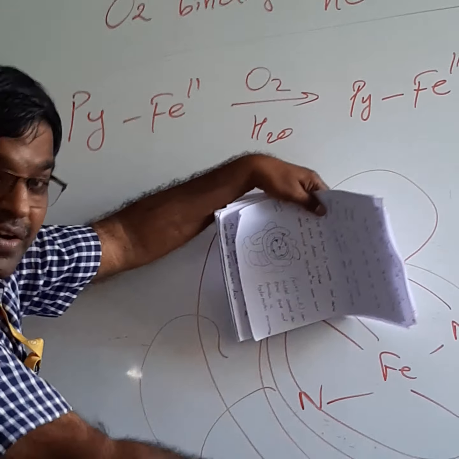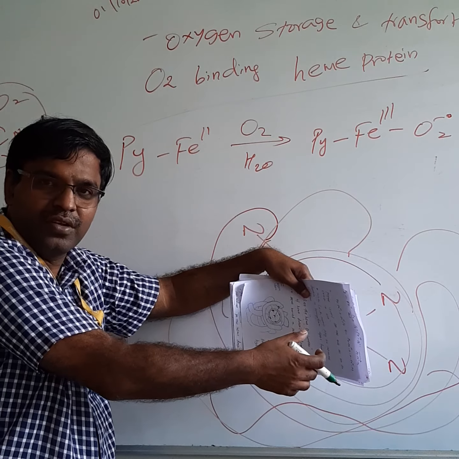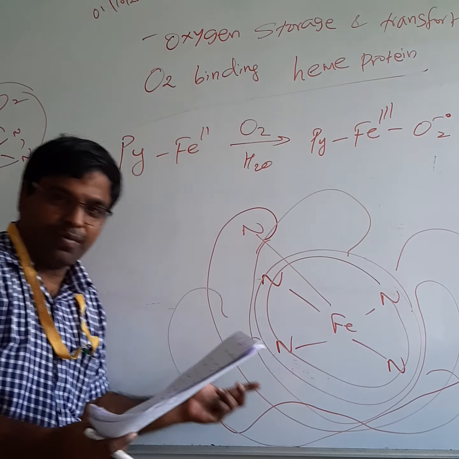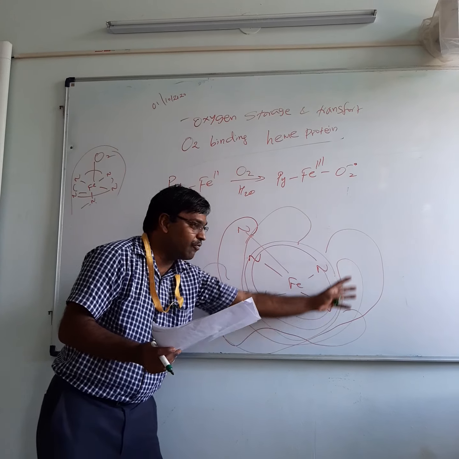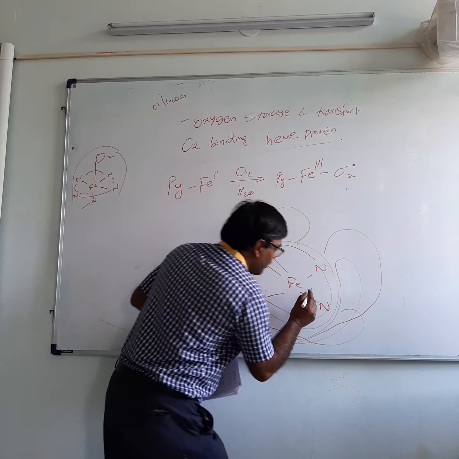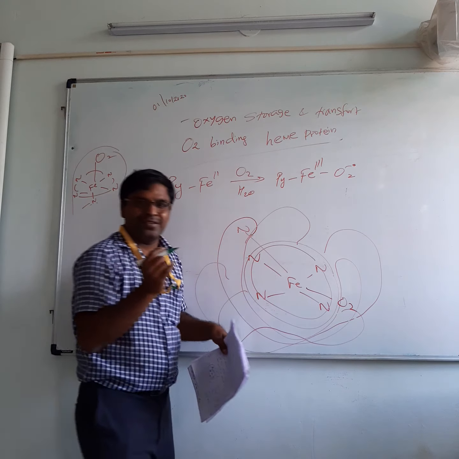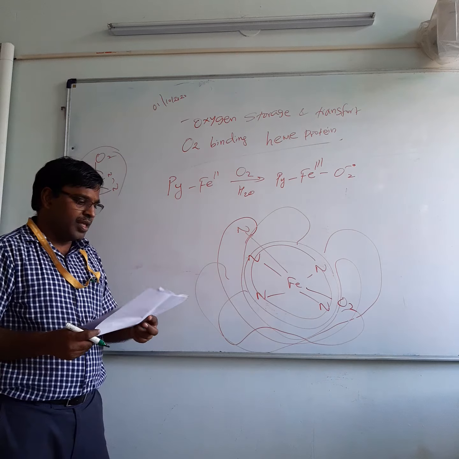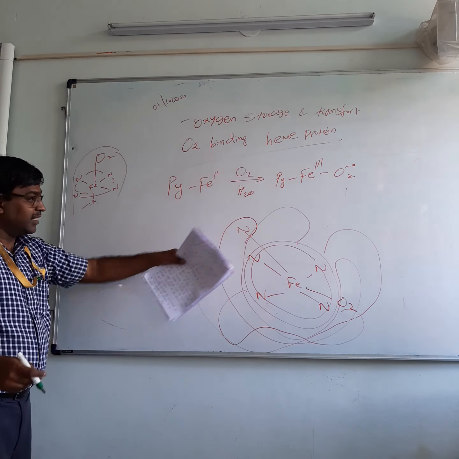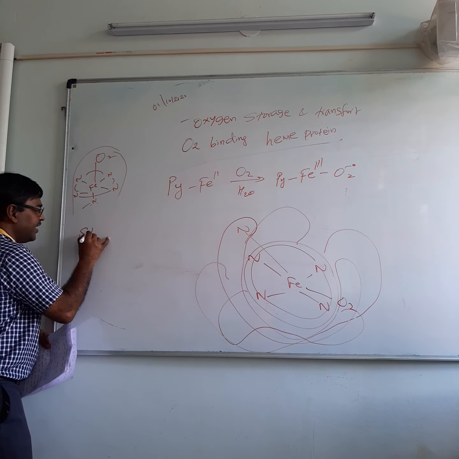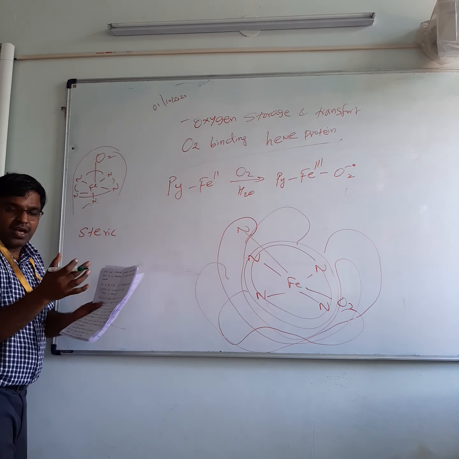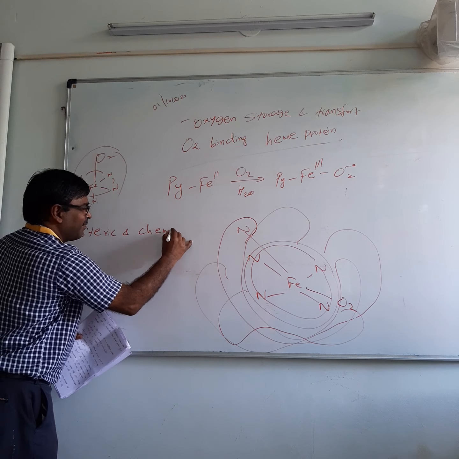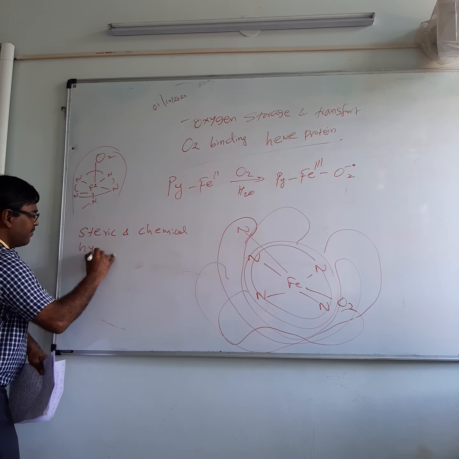so that the heme will not be exposed to the water molecules. Okay, so the heme will not have water molecules, so it will give a complete hydrophobic environment, so that it can only coordinate with the oxygen center. And also, this globin has a steric bulk, it is going to give the stericness also, and the chemical hydrophobic environment.